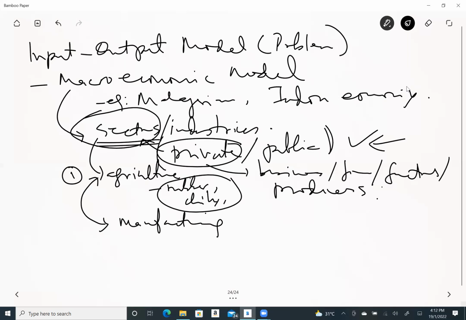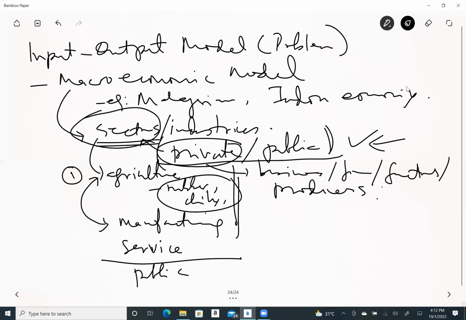Manufacturing is one sector, and the service sector is another. Yes, there is also the public sector, but we want to focus on the private part. So what you said was also good.